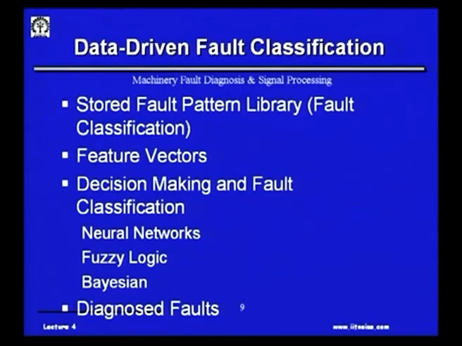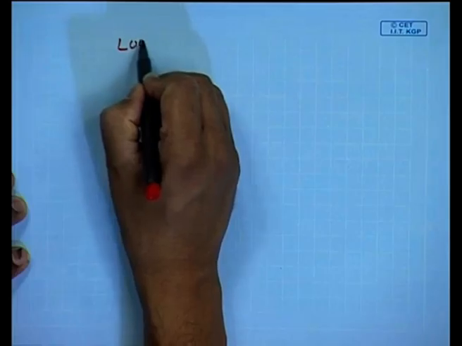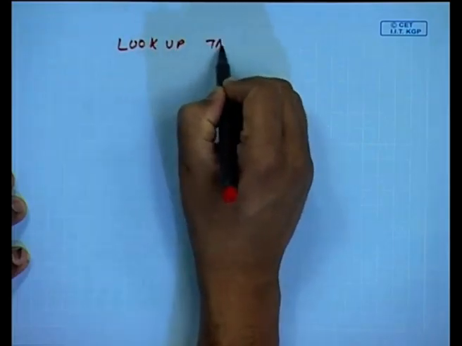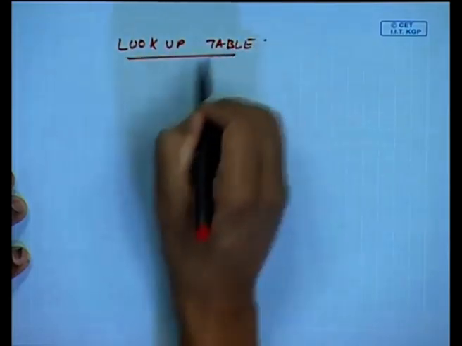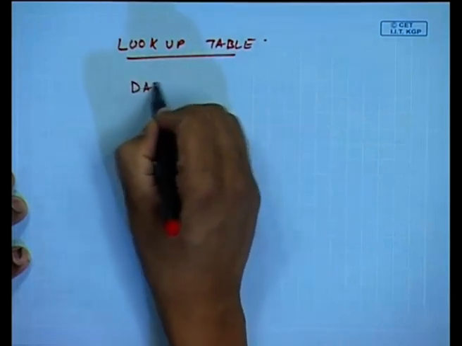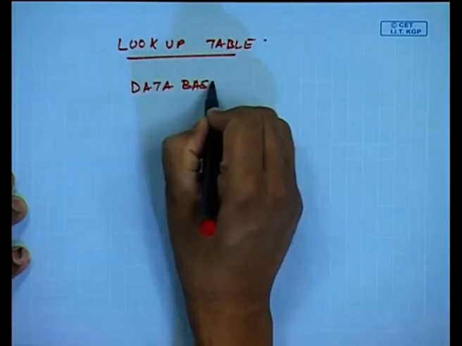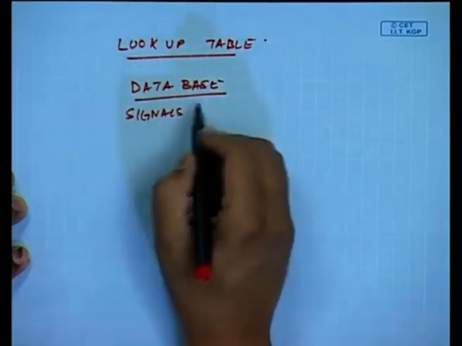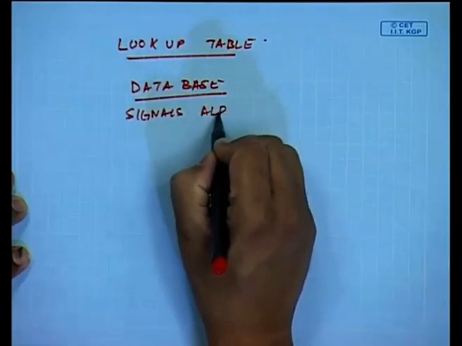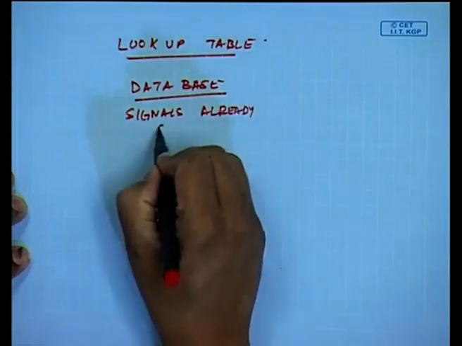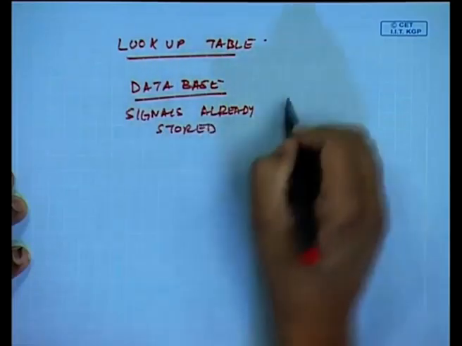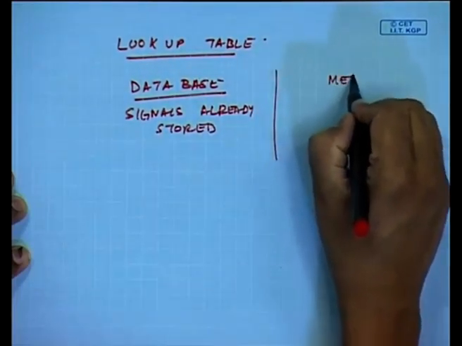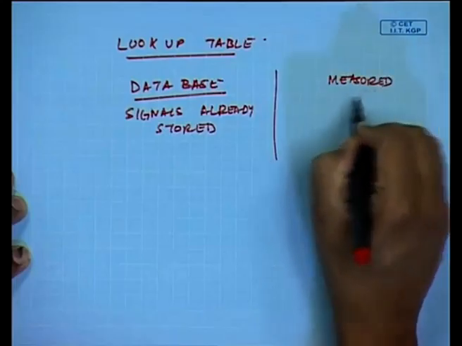One is a stored fault pattern library, and then we have a fault classification, for example something like a lookup table. We compare signals already stored in a database with the measured signal.